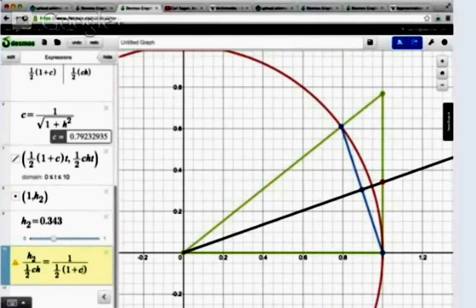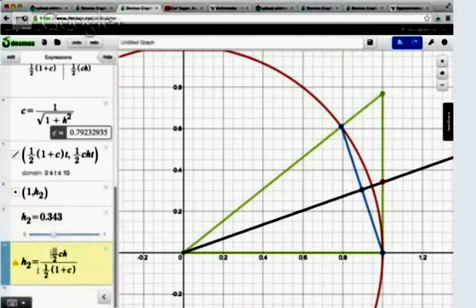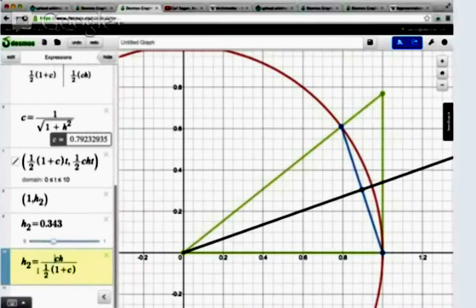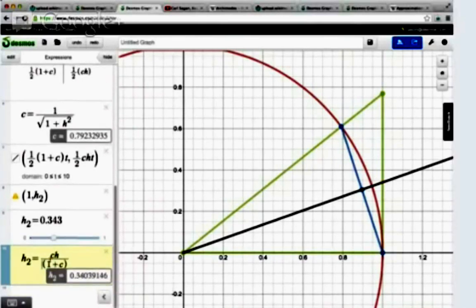So let's go ahead and do a little bit of algebra here. I'll copy the denominator up to the numerator here. Cancel some factors of a half. And now I'm just going to go ahead and substitute in our definition for c, which is back here a couple equations up.